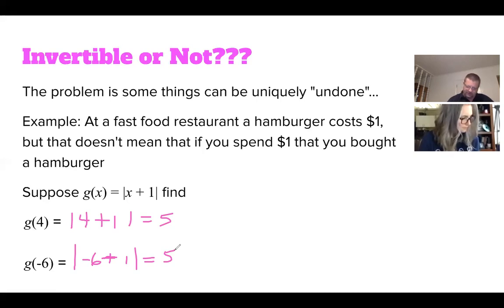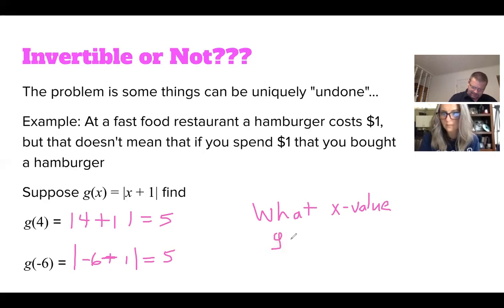But if I asked you this question, what x value gives y equals 5? That was the first question I asked you. You couldn't answer that question uniquely.